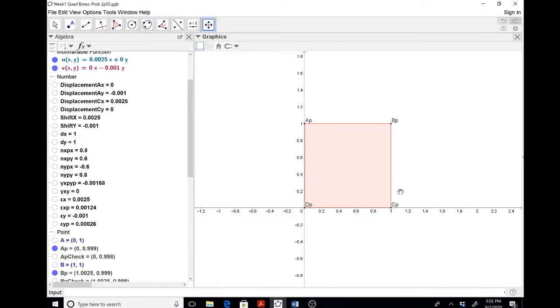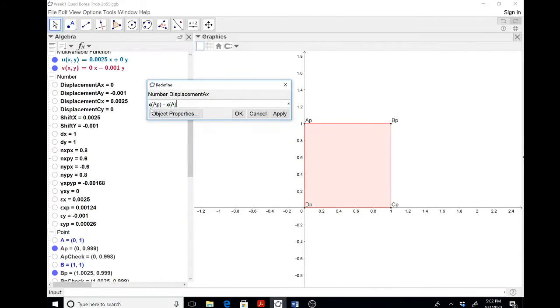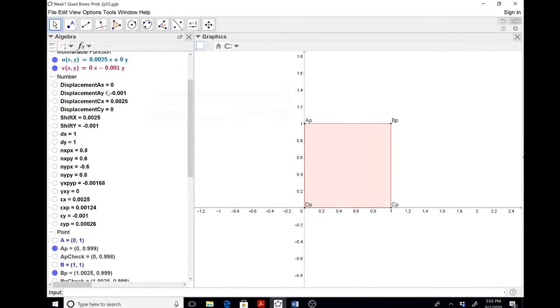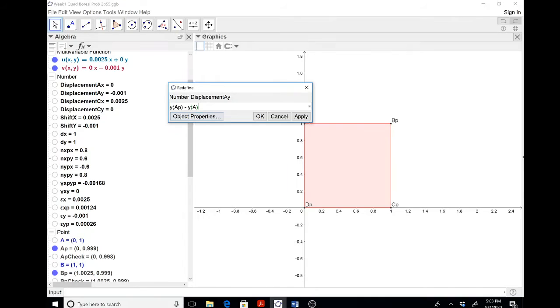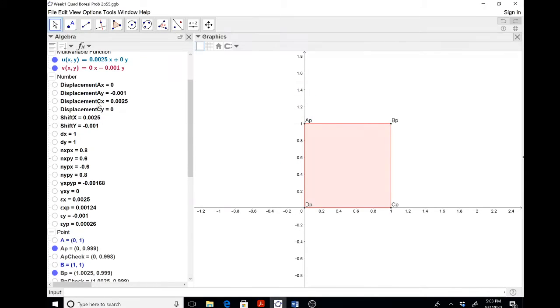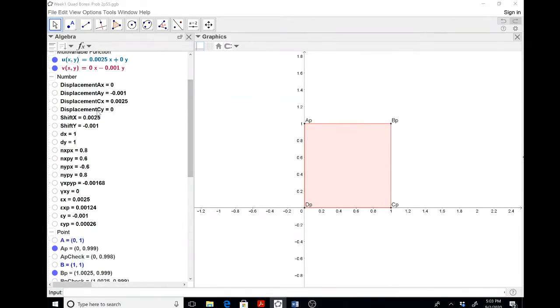So all I really need is the x and y displacements of A and the x and y displacements of C. And they're really simple. The x displacement of A is the x value of A prime minus the x value of A, which is 0. The y displacement of A is simply the y of A prime minus the y of A. And similarly for the C's, x and the y.